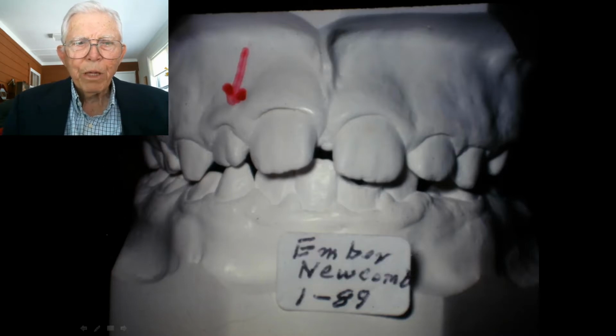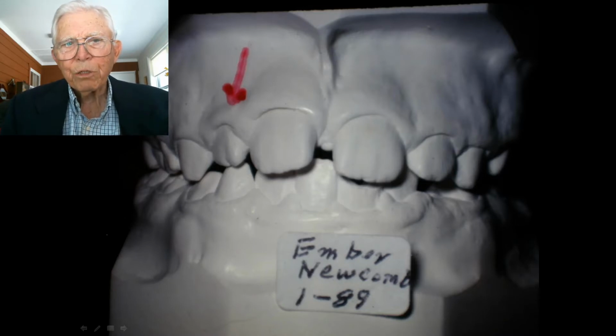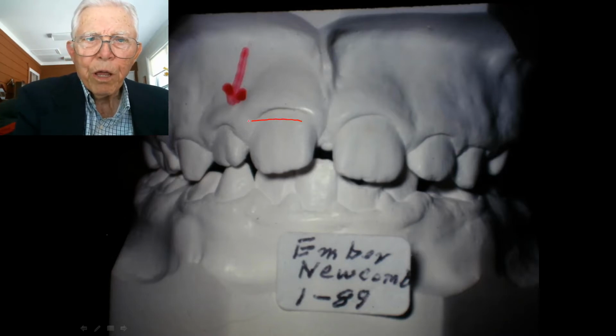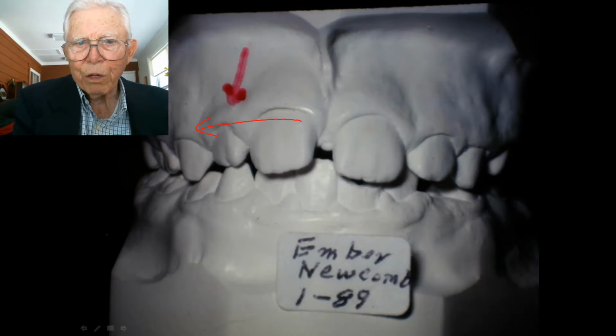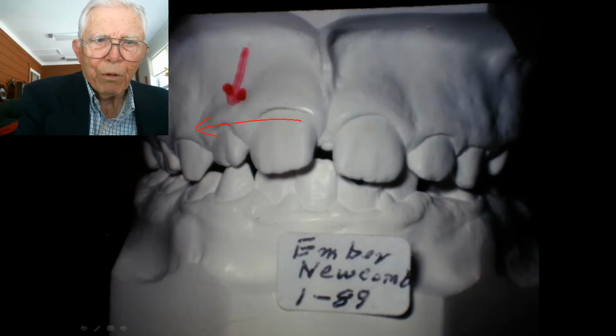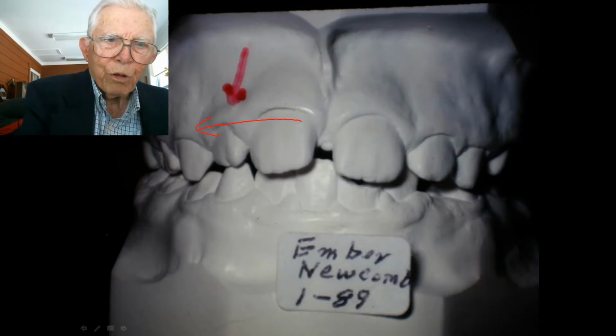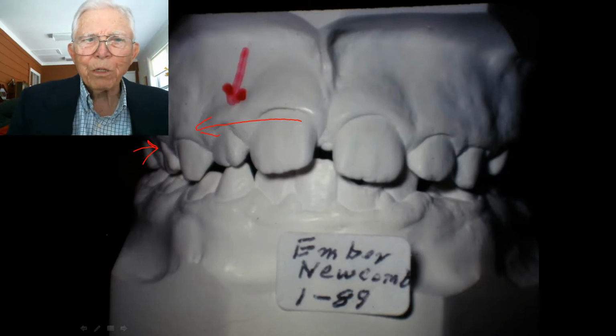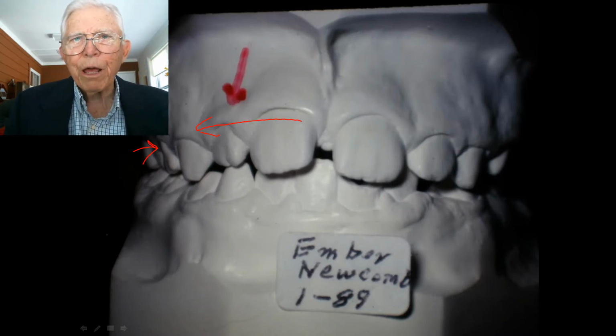Now, when you lost the second deciduous molar on the right side, the teeth up here drifted in this direction. They didn't have any pressure back there on it. So they drifted this direction and the molar drifted in this direction, and the bicuspid that was coming in there is completely crowded out.